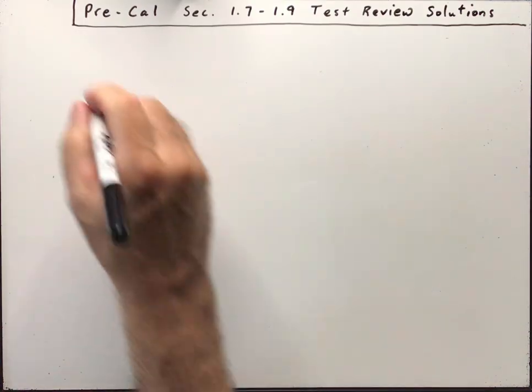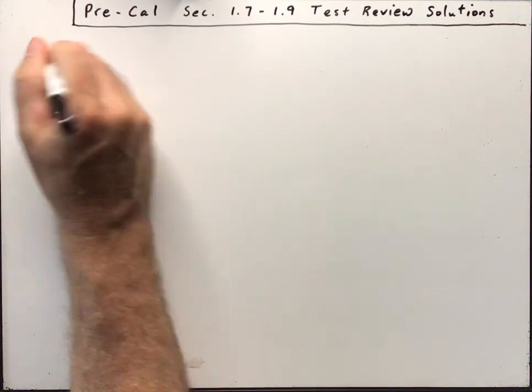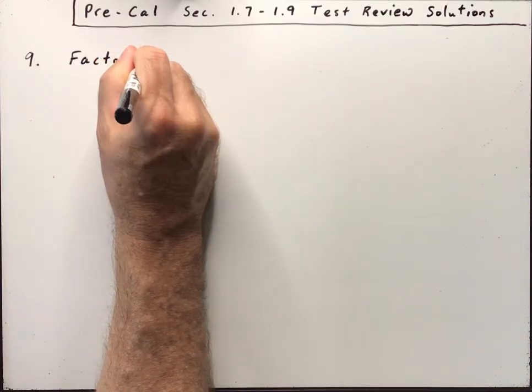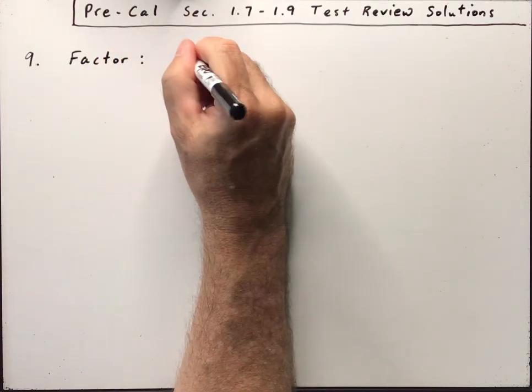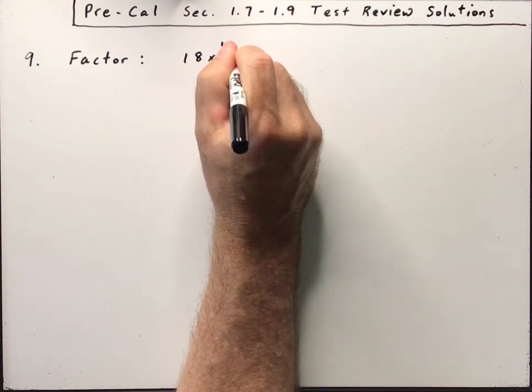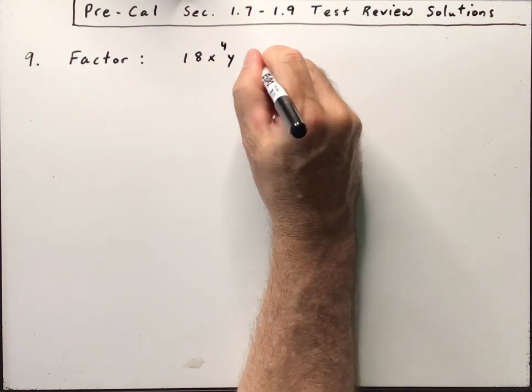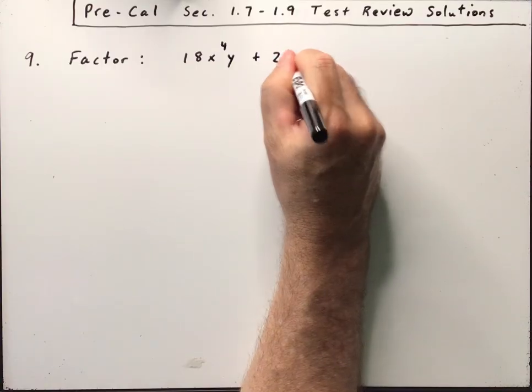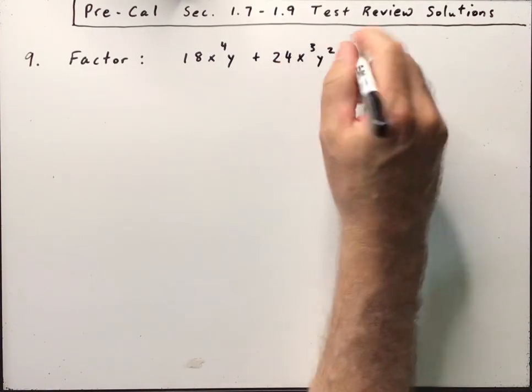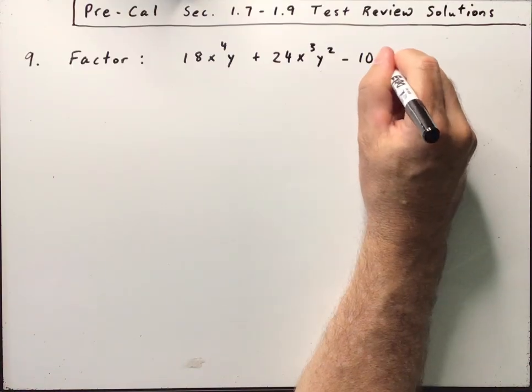Okay, so number 9, we want to factor 18x to the 4th y plus 24x cubed y squared minus 10x squared y cubed.